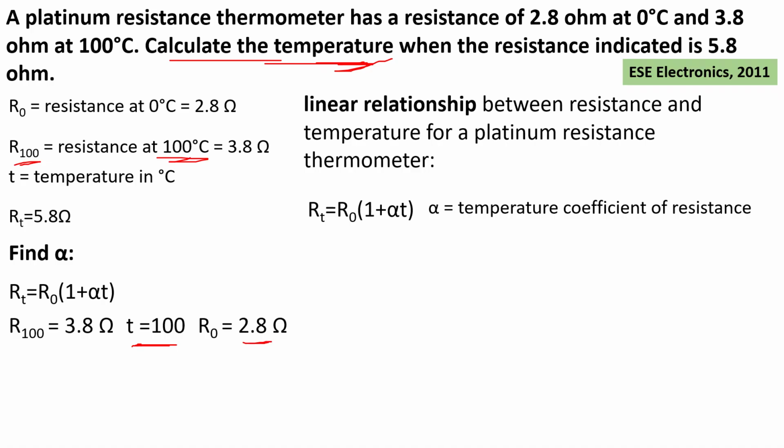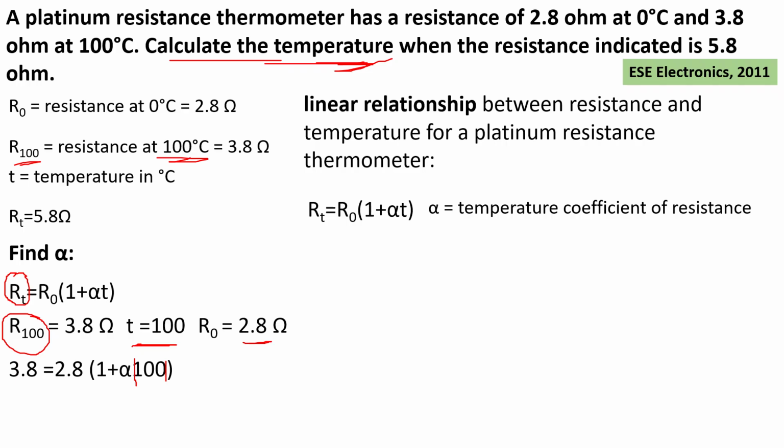Then substitute these values here. In place of RT you have to substitute R100, whose value is 3.8. So the resistance at 100 degrees Celsius is 3.8. RT is 3.8, and R0, the resistance at 0 degrees Celsius, is 2.8, and 1 plus alpha T. So the equation will become 3.8 equal to 2.8 into 1 plus alpha into 100.